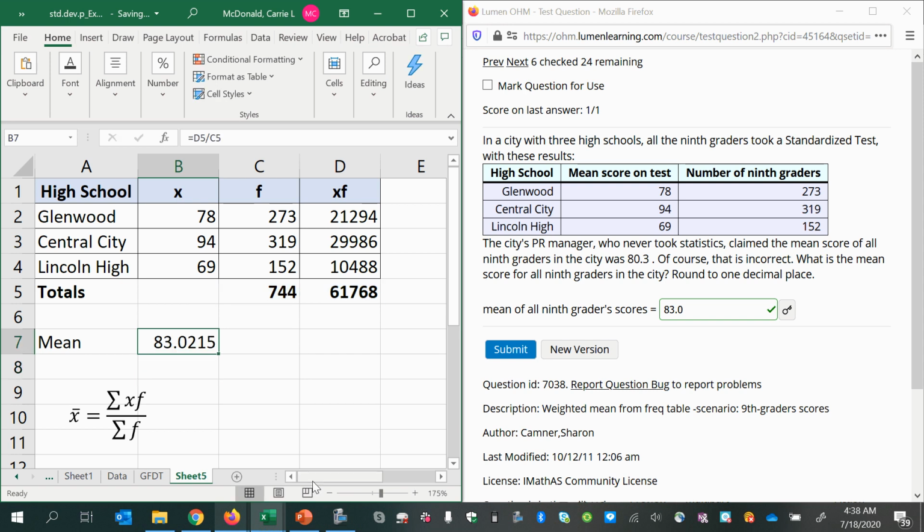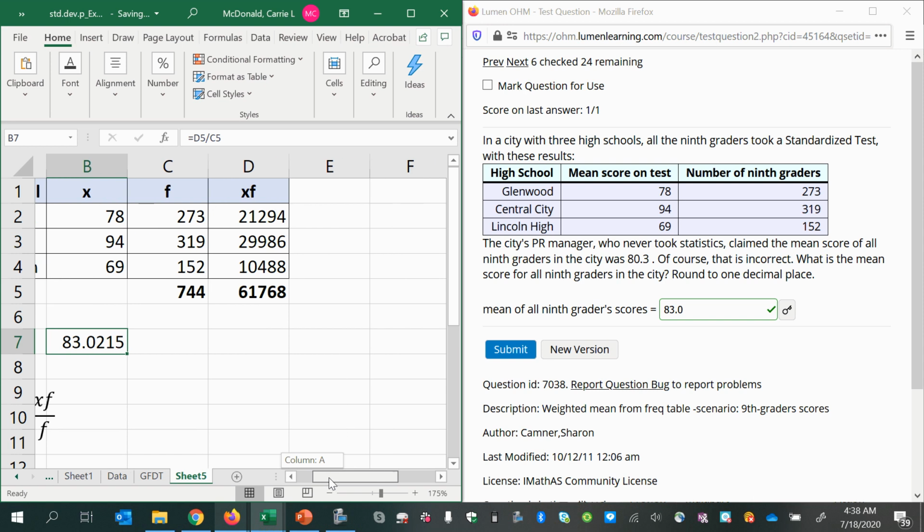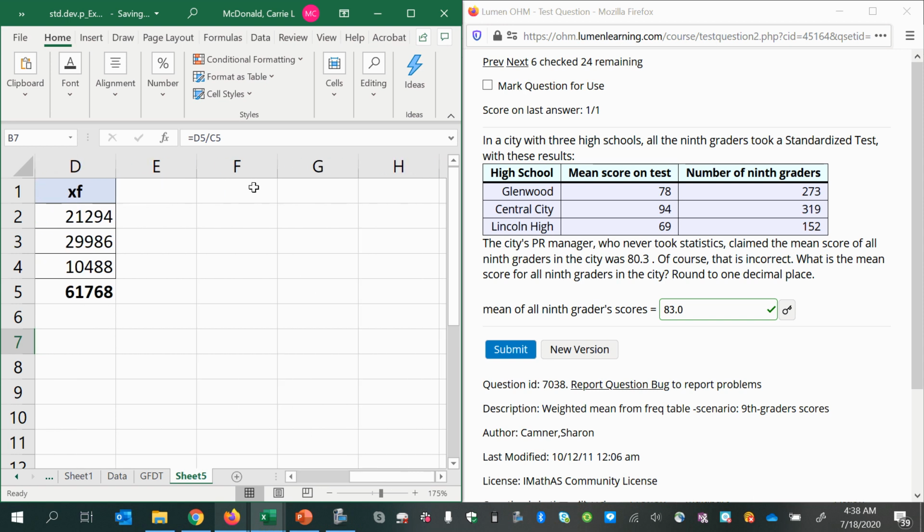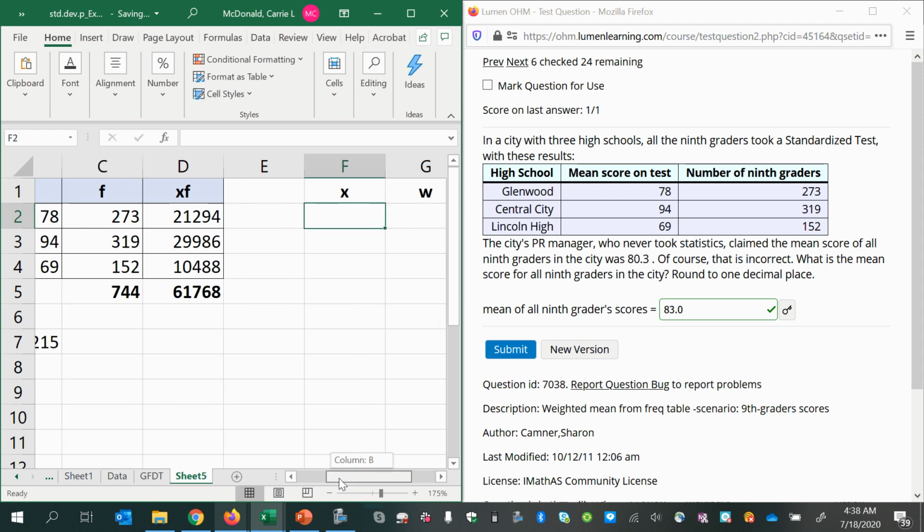Now, with weighted averages, another way that you might like to think about it, that might be more intuitive, maybe not, is to think of your weights as a percentage, or you could make relative frequencies, same idea.